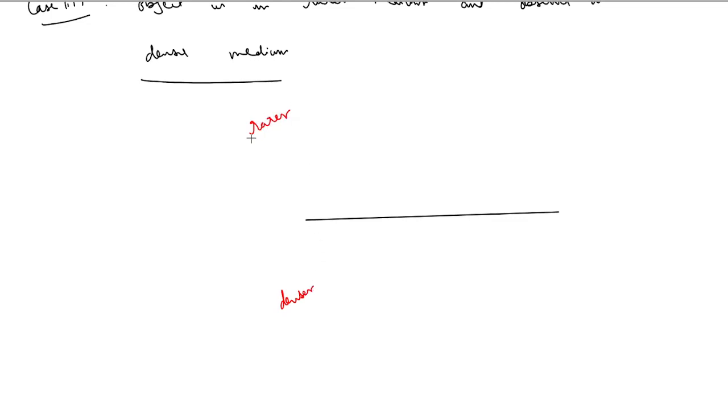So its refractive index we'll call NR, and for this we'll call it ND. Now suppose somewhere here an object is present. Same as in the previous observation, we'll take one light ray which falls normally on the surface, and this light ray moves undeviated, moves as it is.